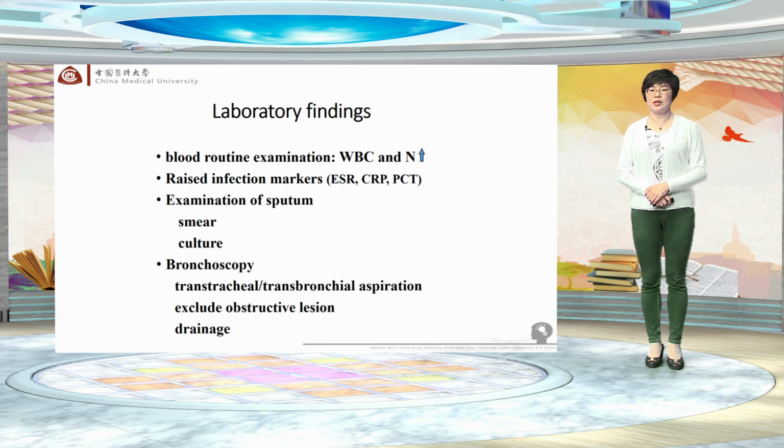Examination of sputum is very common for respiratory disease. The sputum could be smeared or cultured. From that, we could see the bacteria or other pathogen. Bronchoscopy could be used for this patient because with this, we could do some transtracheal or transbronchial aspiration. Also, we could exclude obstructive lesion or do drainage.